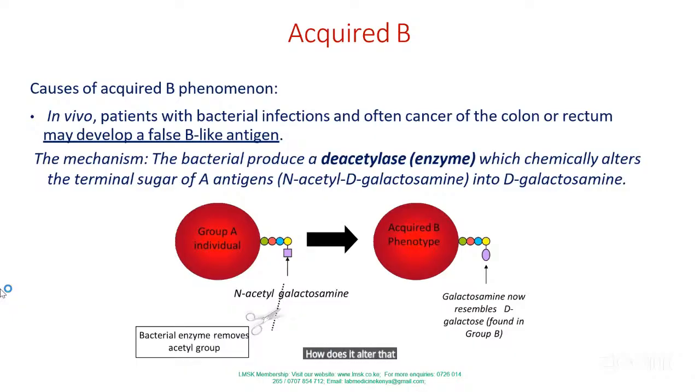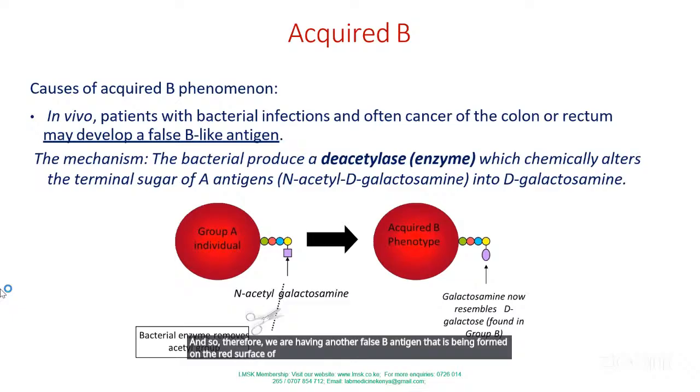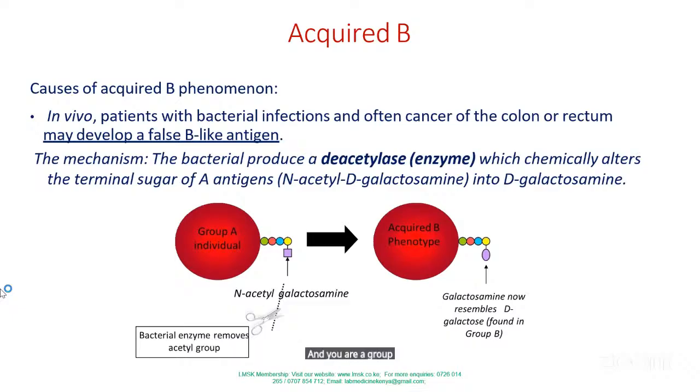By removing the N-acetyl group. Once the bacteria remove the N-acetyl group, what you are left with is D-galactosamine. The D-galactosamine resembles the D-galactose of the B antigen. And so we have a false B antigen formed on the red cell surface of this particular patient, and when you are doing your grouping, it will give you a weak reaction.